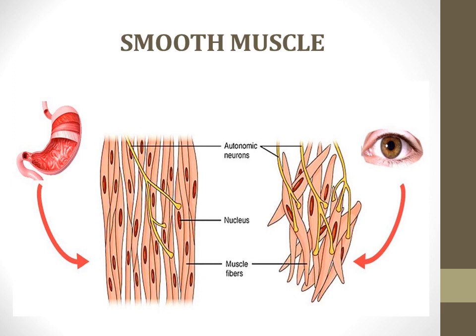Next one is the smooth muscles. Smooth muscle is present in the interior regions, right? Here they mentioned the stomach and the eyelid regions, which consist of smooth muscles, right? If we see the smooth muscle, at both ends of the fibers, it is fusiform, meaning it tapers.